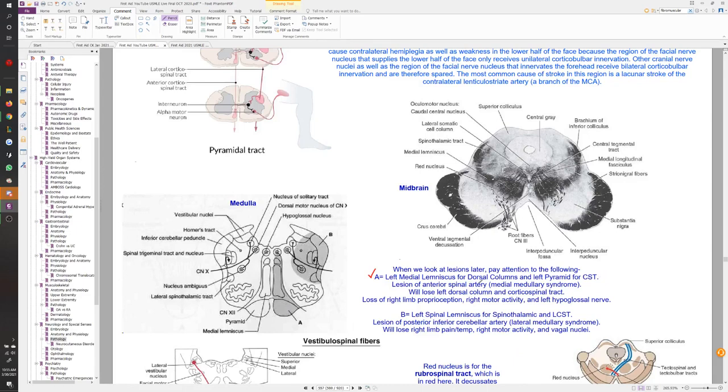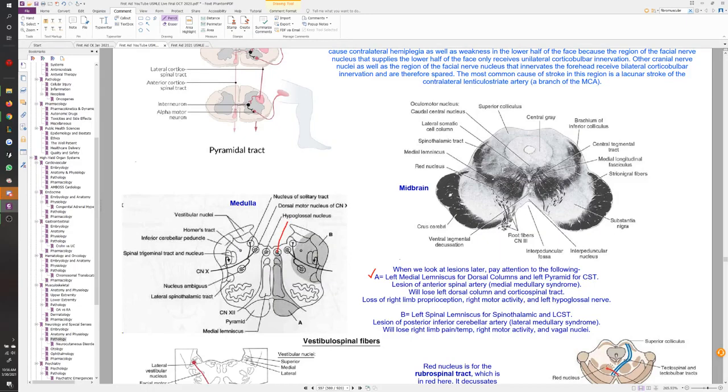Lesion of anterior spinal artery, like in medial medullary syndrome, patient will lose left dorsal column and corticospinal tract. So the patient will present with loss of right limb proprioception, right motor activity, and the left hypoglossal nerve itself. Because right here at the very top, this guy is your hypoglossal nucleus.